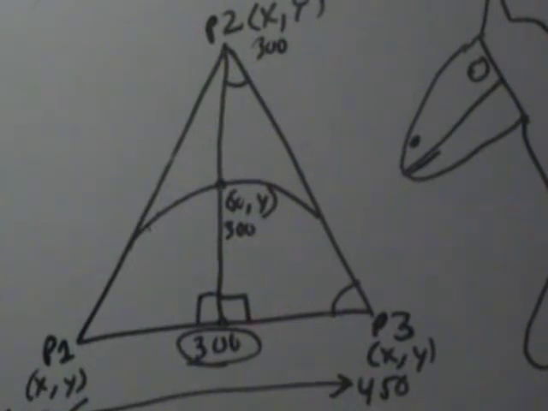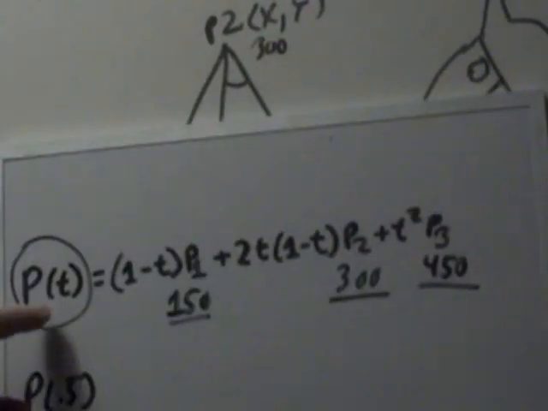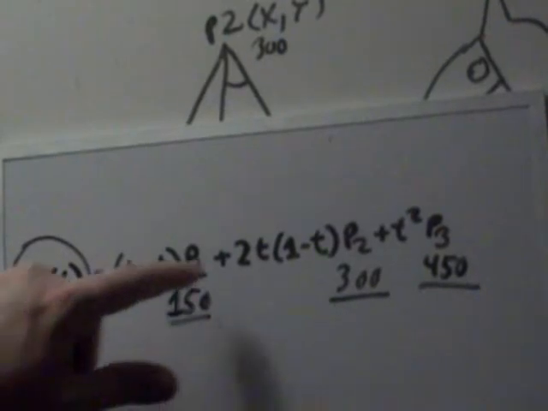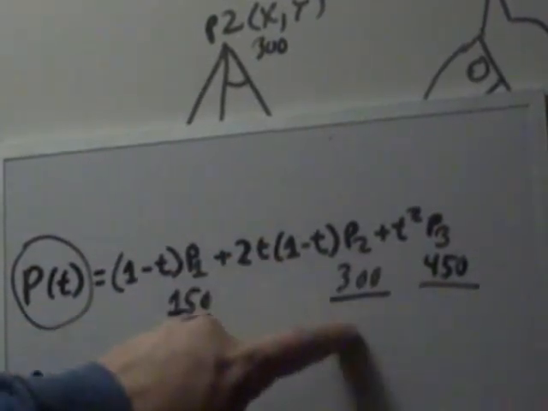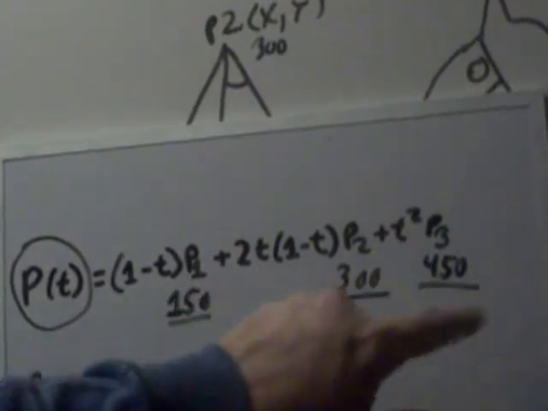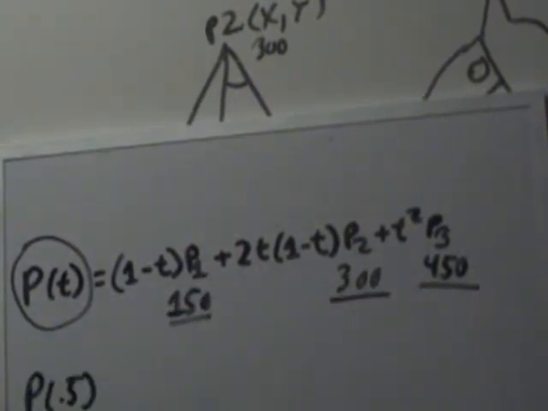You'll get the x-coordinate of 300. That's what you'll get. Let me say that again. If you replace all these T's with 0.5, and you replace the P1, the P2, and the P3 with all these numbers here, you will get 300. That's what you're going to get.